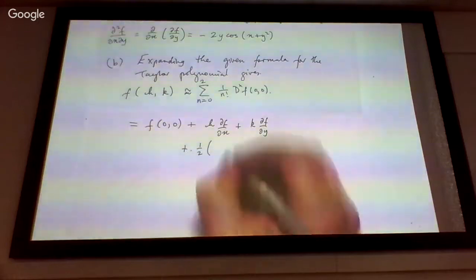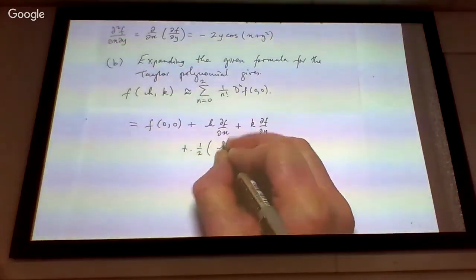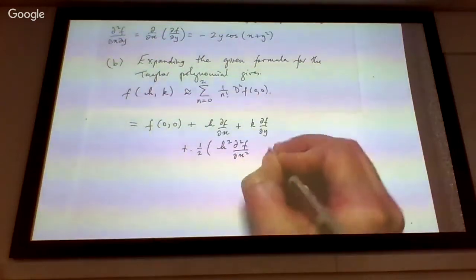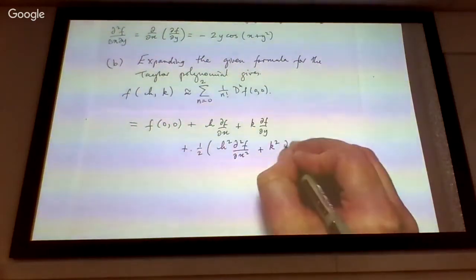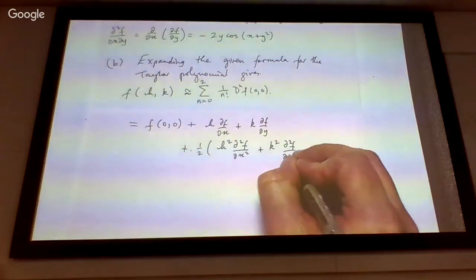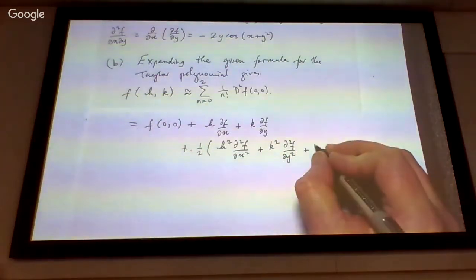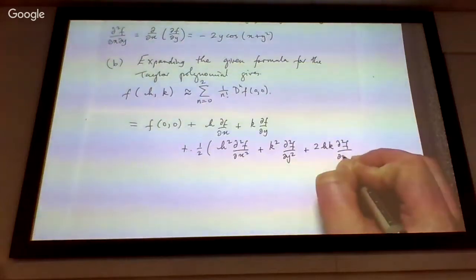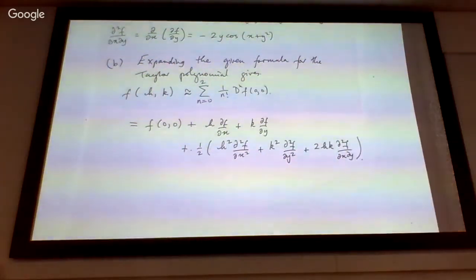So what that amounts to is going to be the quantity h squared times d2f dx squared plus k squared times d2f dy squared plus 2 times hk times the mixed second order partial derivative.